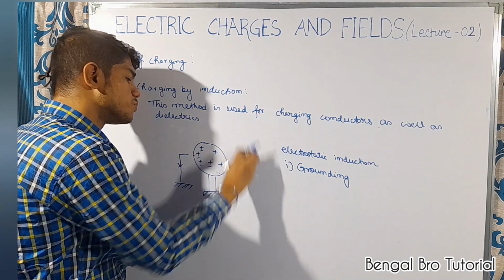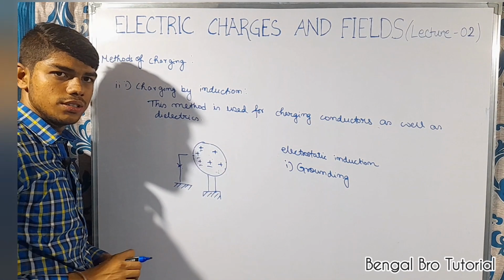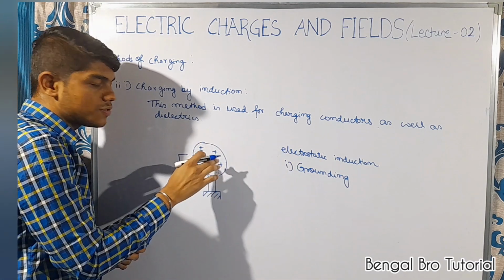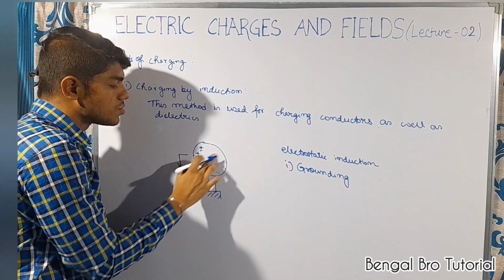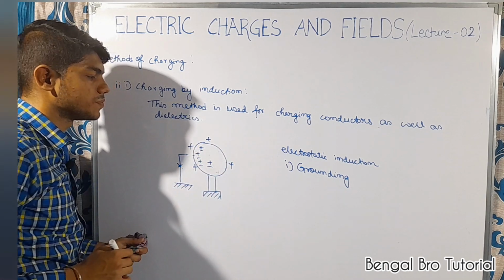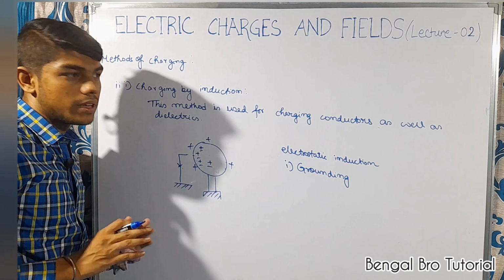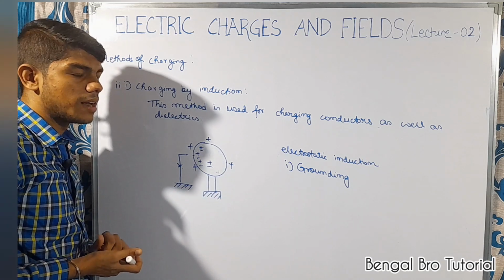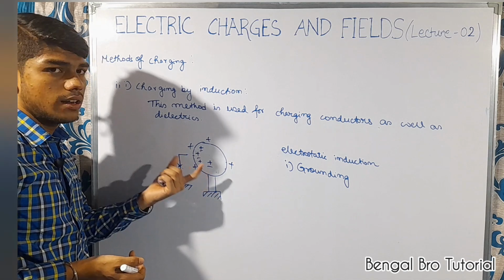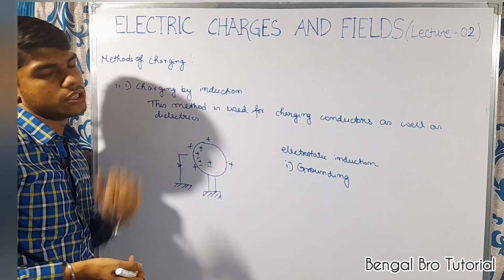And if you remove this charged body, if you take it far away, then this positive charge will get evenly distributed over the surface of the body. This is one method by which we can charge this conductor by the process called induction.